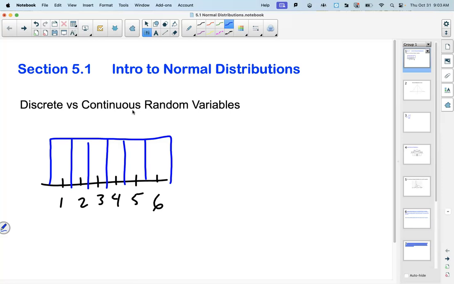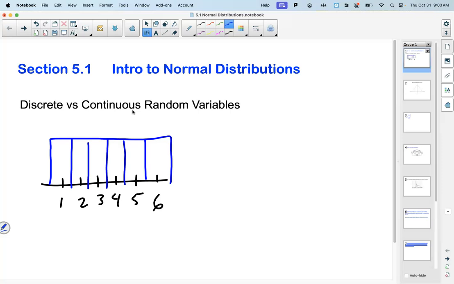So let's say that I have a group of athletes, and I was going to record how long it takes them to run the 40-yard dash. That's a continuous random variable because there's no way for us to really list the possible outcomes, right?